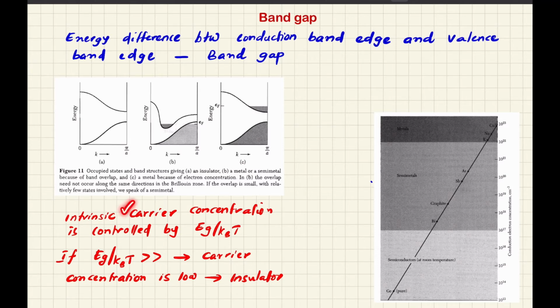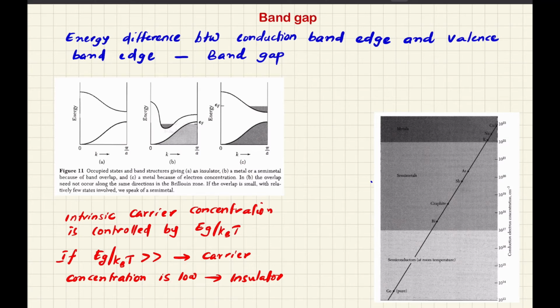The intrinsic carrier concentration is controlled by a parameter Eg by kBT, where Eg is the band gap, kB is the Boltzmann constant and T is the temperature. If this number is very large, what do you mean by that? It means that the band gap is very large, and so in this case the carrier concentration will be very low.